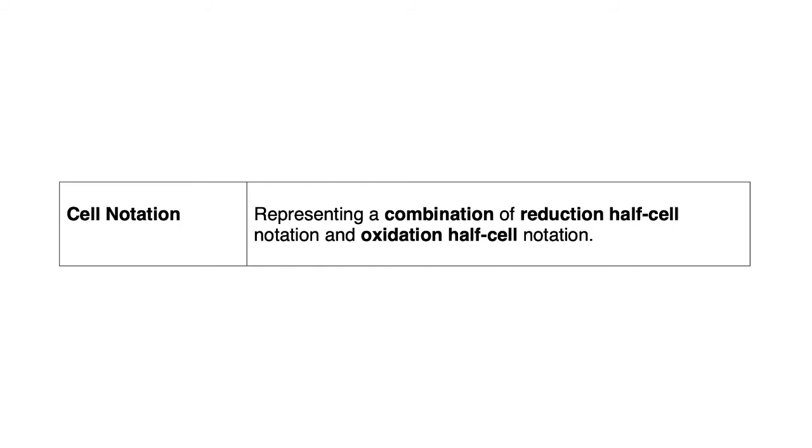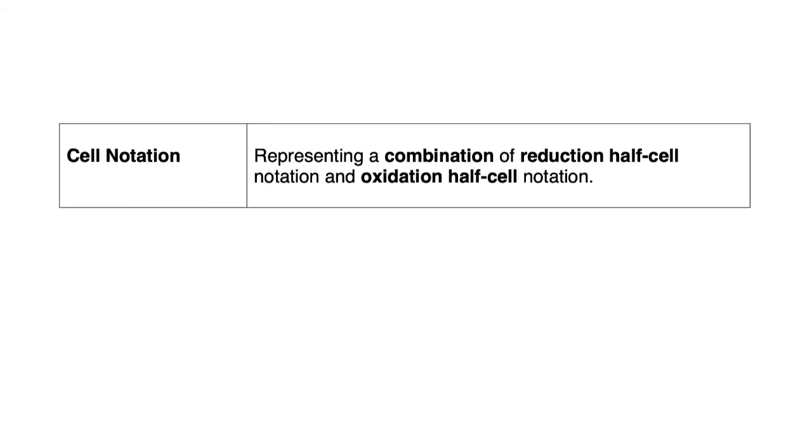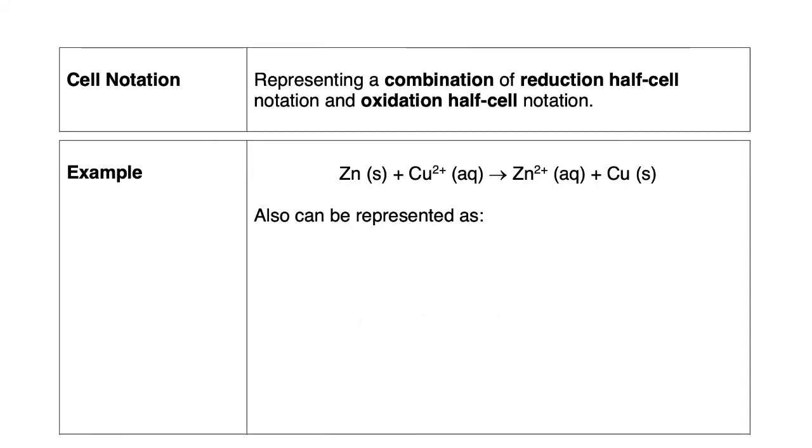How are we going to write? Let's take a look at the next example. So say we have this overall equation or overall cell. We can represent it in cell notation by writing like this.